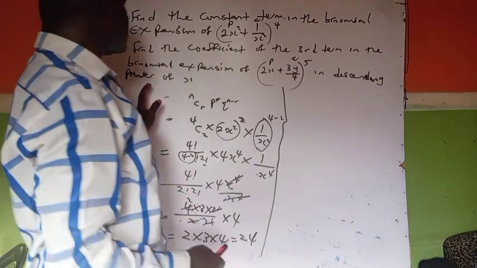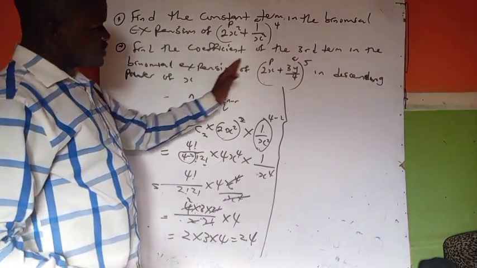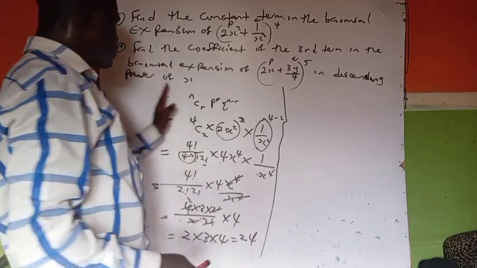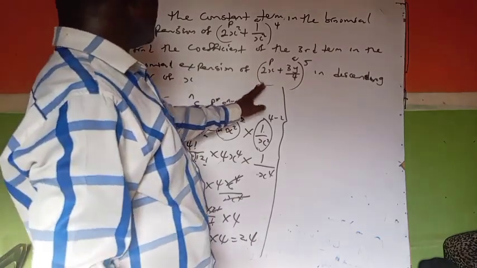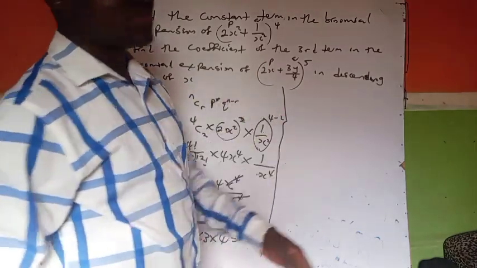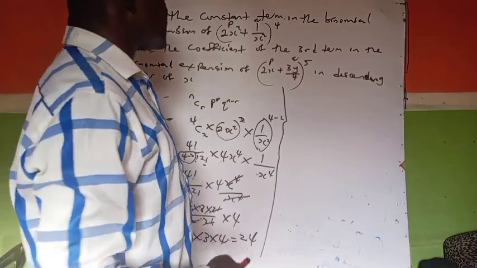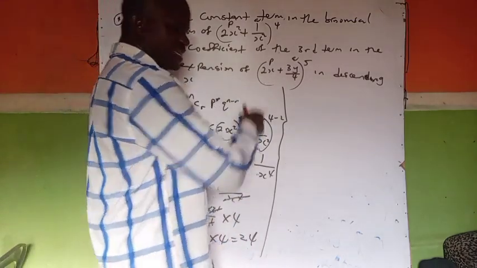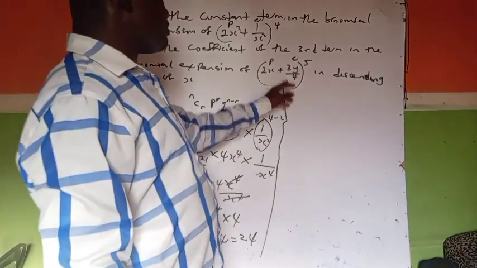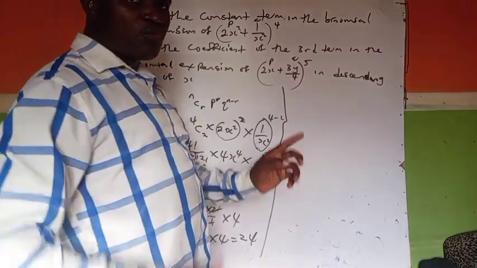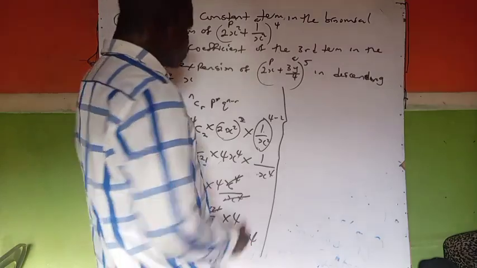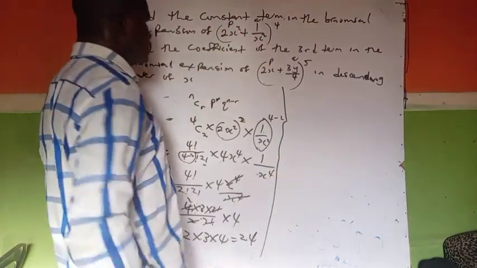So what you have to do is find the coefficients of the third term in the binomial expansions of this in the descending power of X. So X will be reducing. Here is ascending power of Y. Y will be increasing. So you are concentrating on this one.